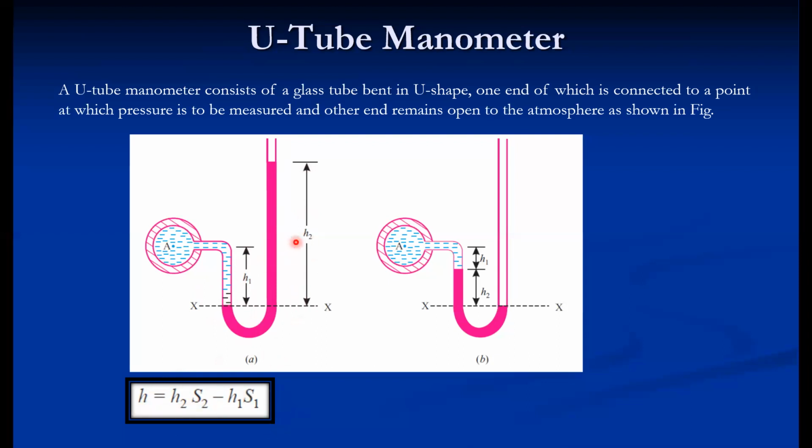In order to obtain this equation, we can equate the pressures at this particular level. Under equilibrium, the pressure exerted at this point is equal to the pressure exerted at this point.